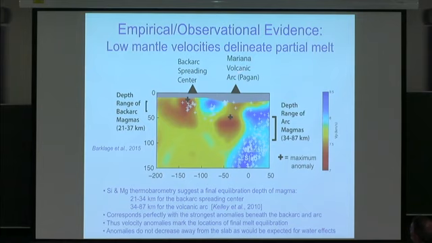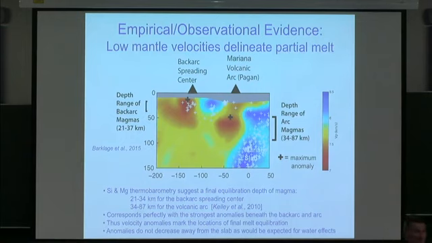And in fact, beneath this volcanic system, the last equilibration depth is between 50 and 60 kilometers. So right at the top of this large velocity anomaly. And beneath the backarc spreading center, they're much shallower. The last equilibration depths are 21 to 34 kilometers deep, which agrees very well with the 25 kilometer depth of the maximum anomaly that we see from our tomography.